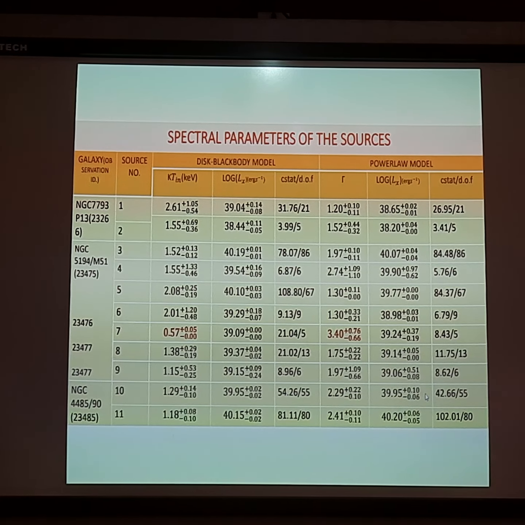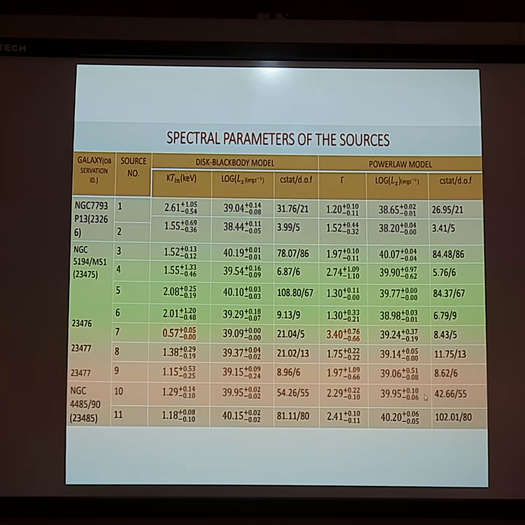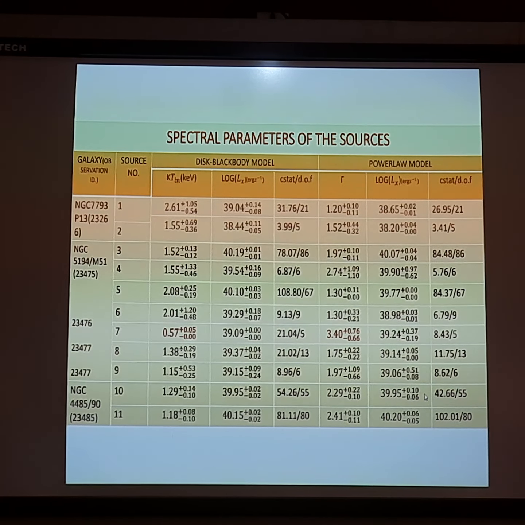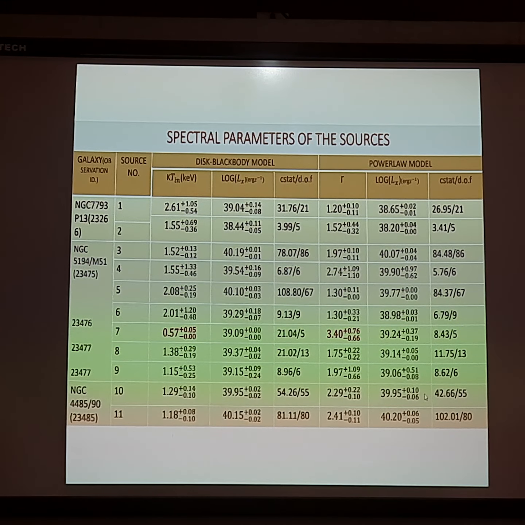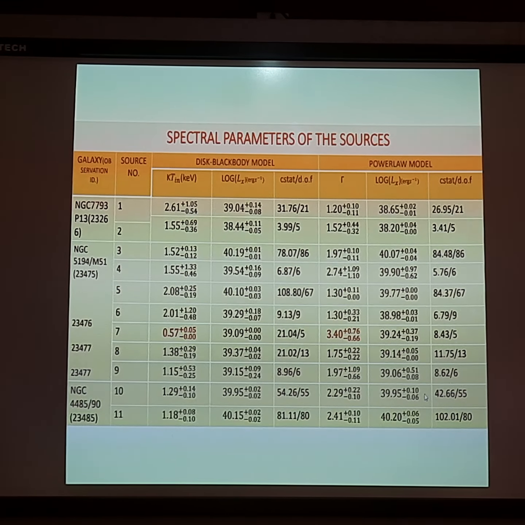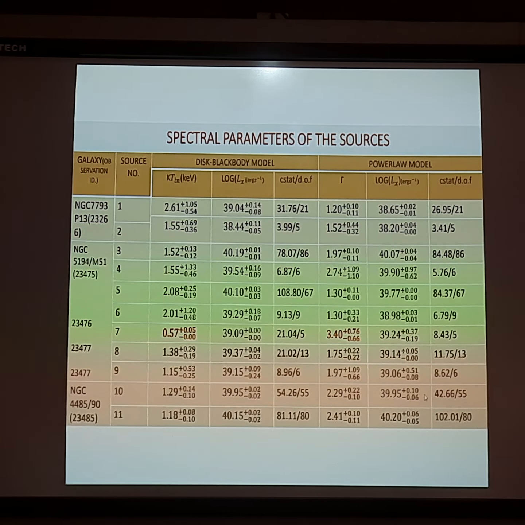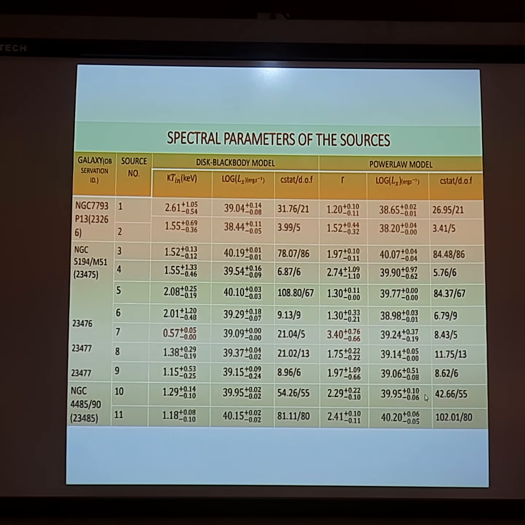And this is the table of spectral parameters of the sources. I would focus only on the galaxy NGC 5194, or Messier 51. It has 4 observation IDs. Out of these 4 observation IDs, I have got 7 sources.